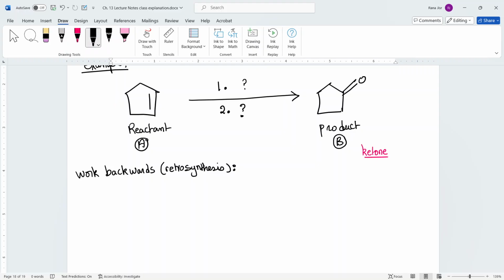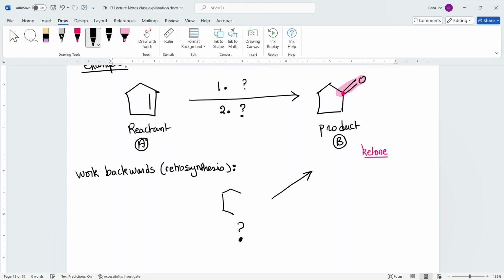I want to find the reactant here that I am going to react with something in order to get this. So I know that ketones are made from secondary alcohols. So all I need to do is just work backwards, change the carbonyl into a secondary alcohol, change it into an OH.